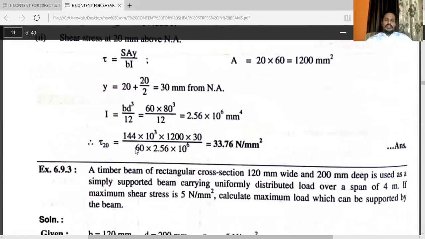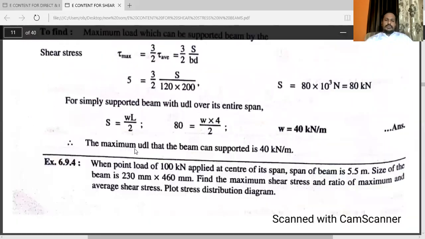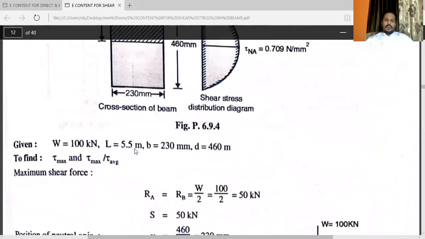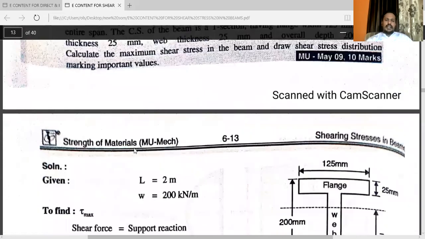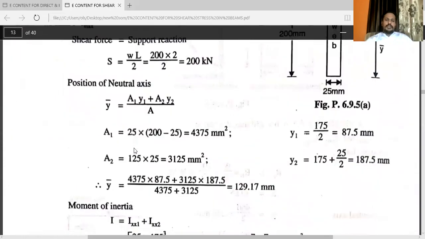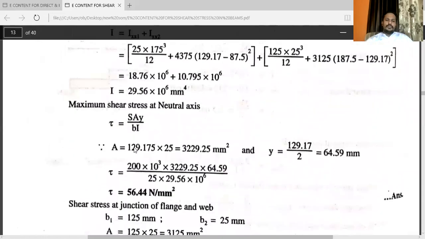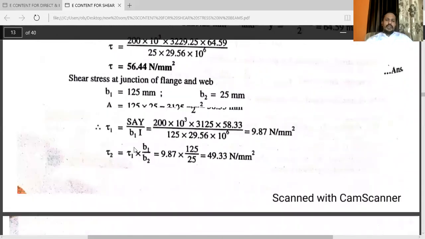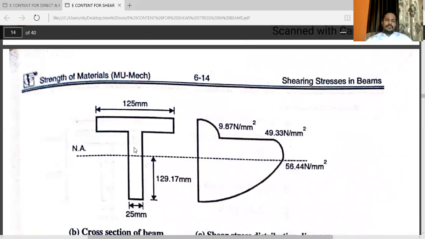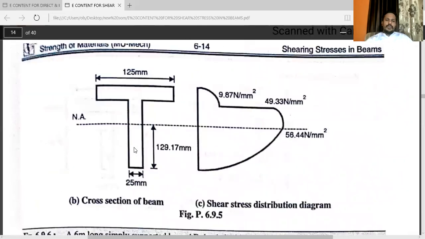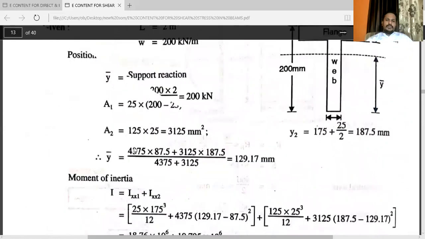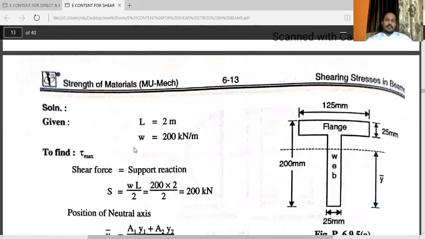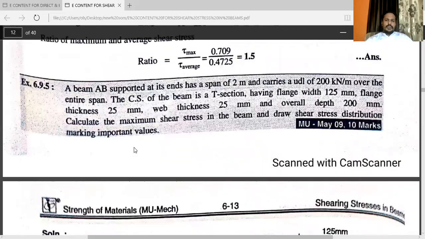One problem is, I think, sufficient to explain all the things. One university problem will give you the entire idea about the chapter. Very simple. Formula is there. By using previous concepts, you can solve this problem very well. See the problem.